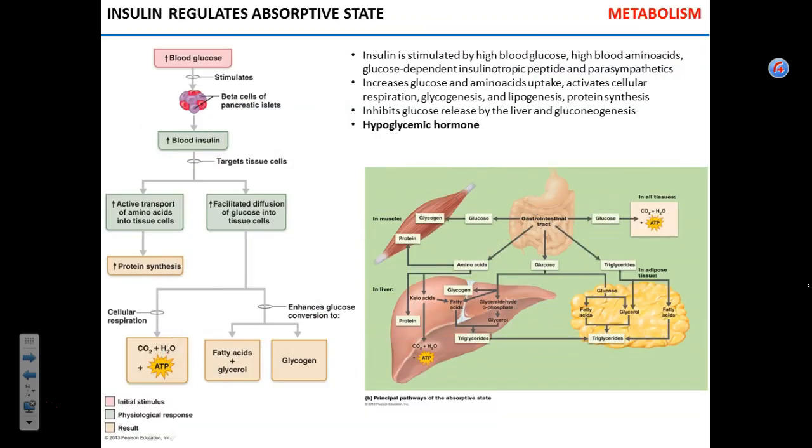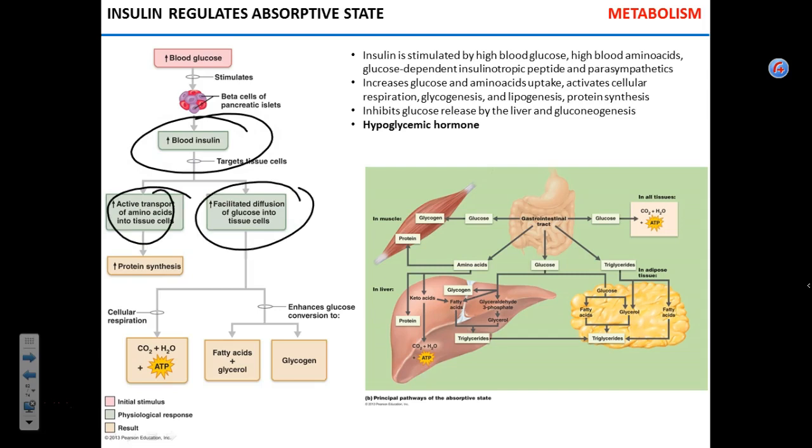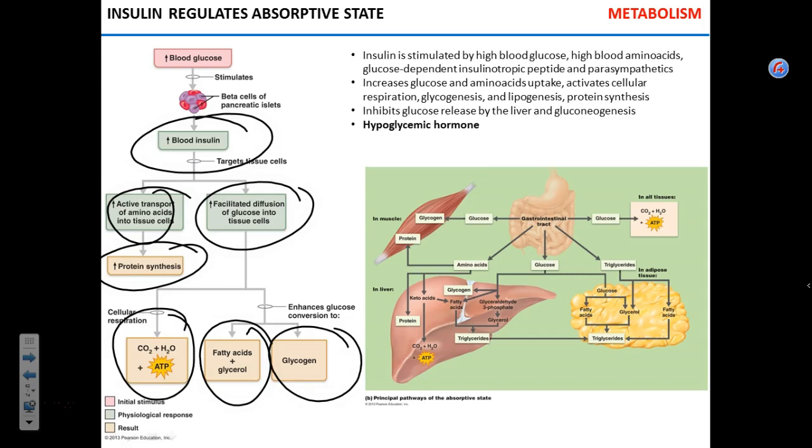Now, insulin and the absorptive state. Insulin regulates the absorptive state, really. That's it. High glucose and high amino acids stimulate insulin. Insulin increases uptake of amino acids and glucose. Amino acids, when they get into the cells, will be used for protein synthesis. Glucose will be used to make glycogen, fat, and ATP.